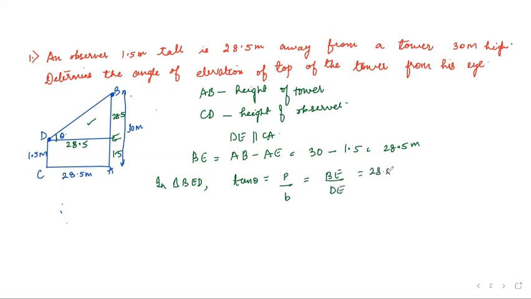So 28.5 by 28.5, we get tan theta is 1. When do we get 1 in the tan ratio? That is tan 45. So here we get the angle to be 45 degrees. Very easy. Here we just constructed this, and it becomes a rectangle. All the opposite sides are equal. Since you need to find this angle, you can consider this triangle and use the trigonometric ratios.